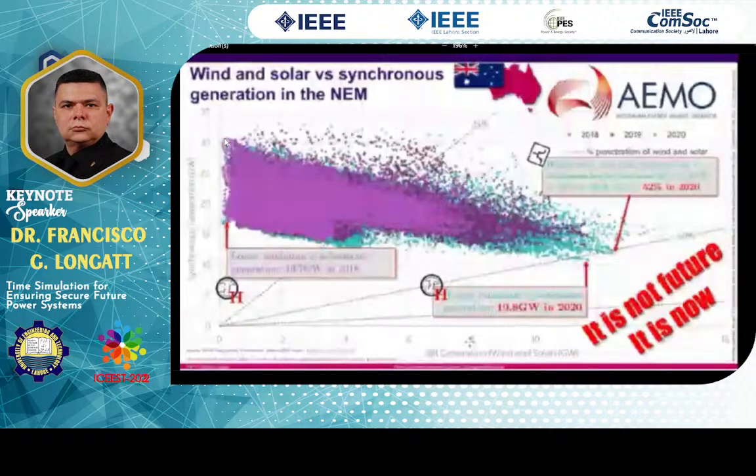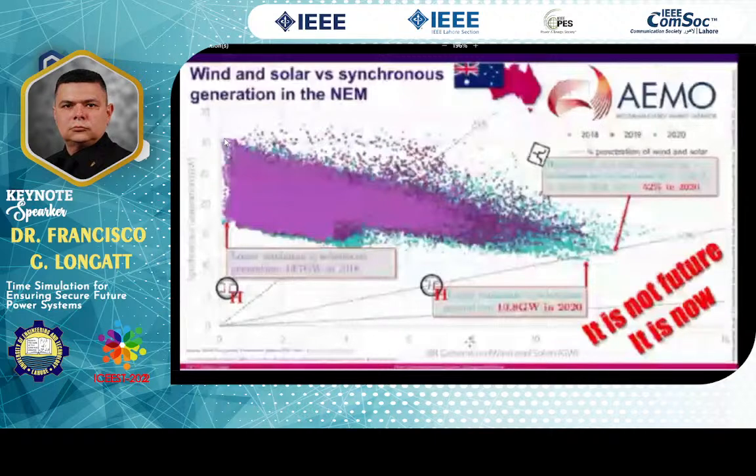In this slide, I am showing one of the most important reports coming from the Australian Energy Market Operator, AEMO. In March 2021, they published a report called the Engineering Framework. And in this engineering framework, this plot that you have in front of you appeared.